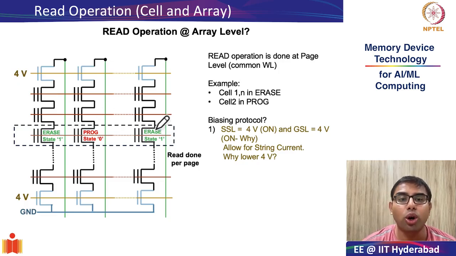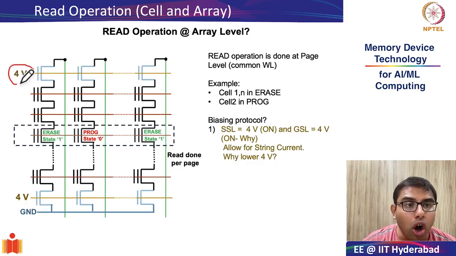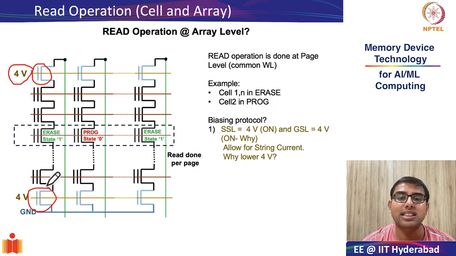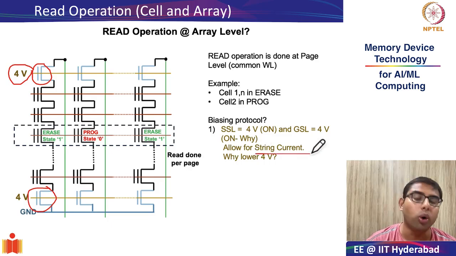And to do that, you apply a gate bias such that you turn on both the SSL, the source select line transistor, and GSL, which is the gate select line transistor. This is to allow for string current to flow.